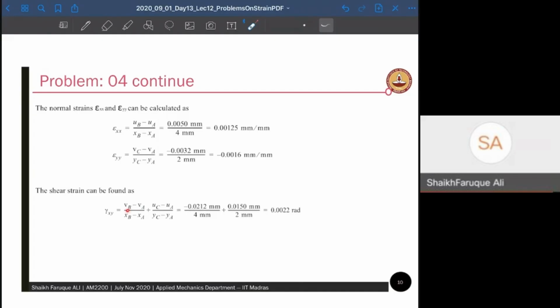So that will be VB minus VA, because V is along y direction, with respect to its original length, and this is along x with respect to its original length, UC minus UA. So when you do that, you get gamma xy. You just add them up and you get some value in radians. That's the angle. Gamma xy is strain, so it has no unit.